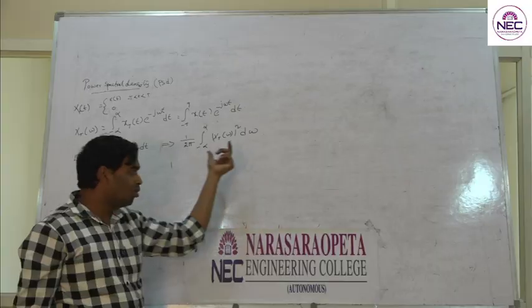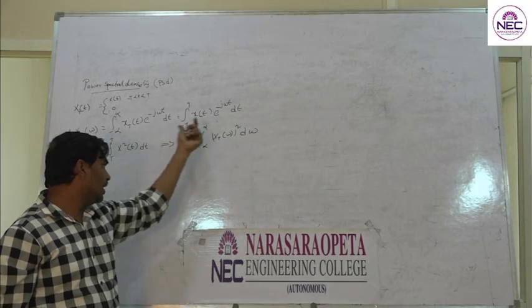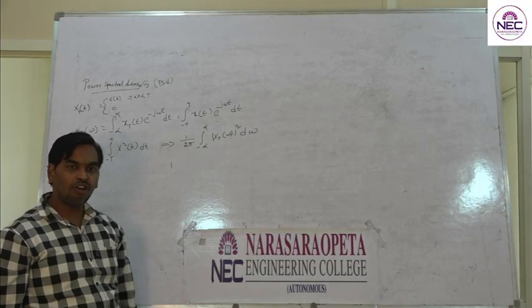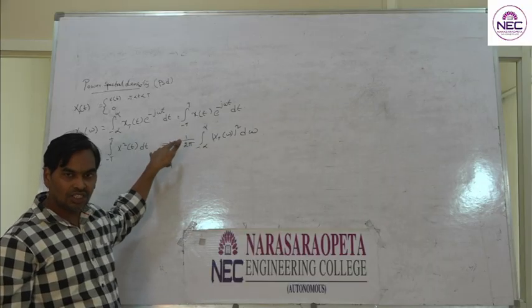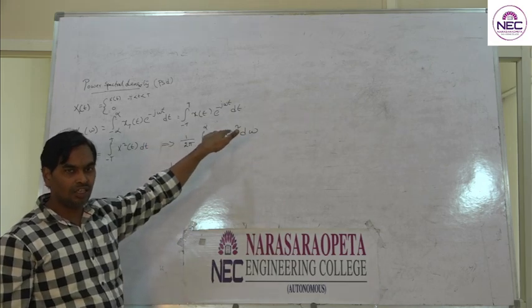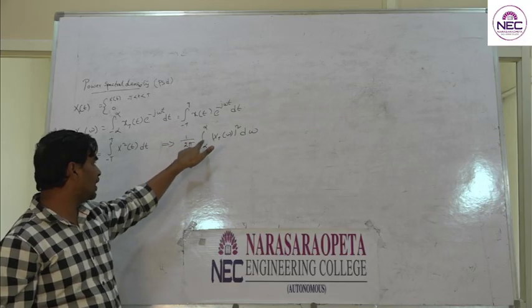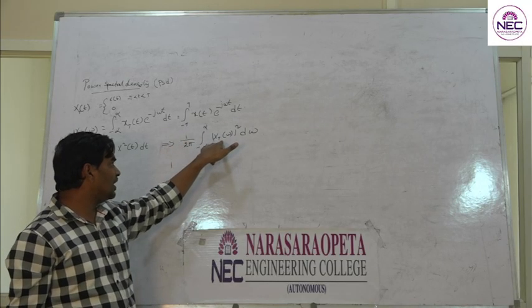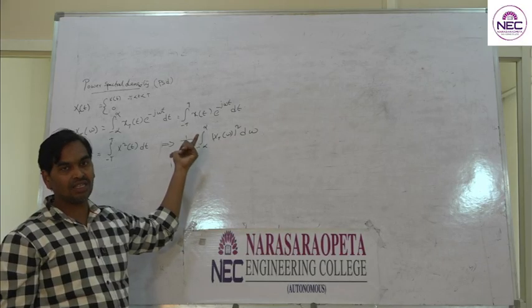As there is no exponential term here, it will not be present. So the frequency domain representation is 1 by 2 pi integral from minus infinity to infinity of XT of omega whole square d omega.